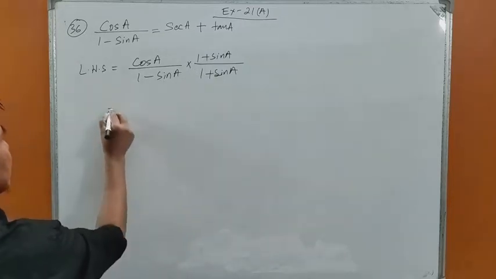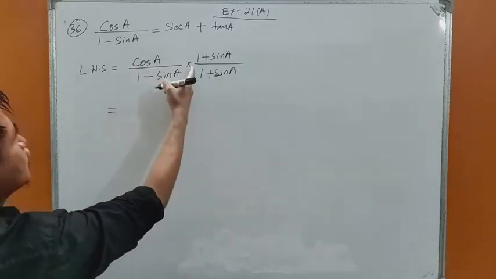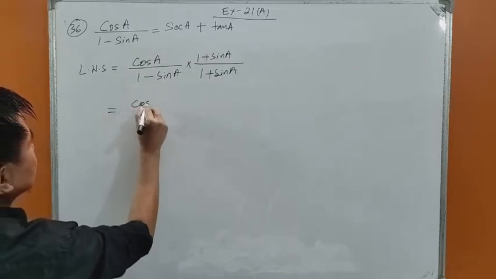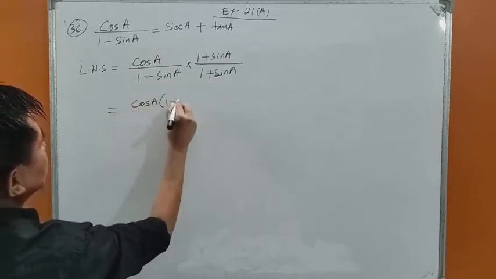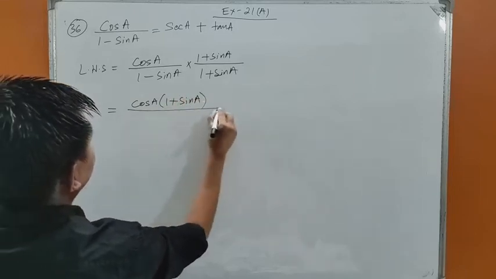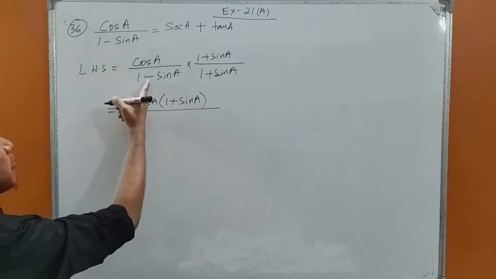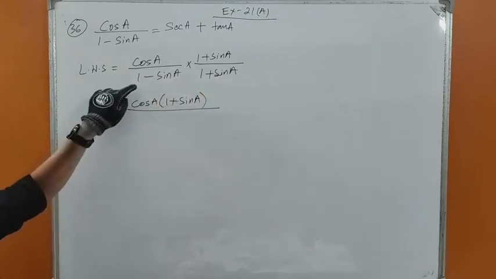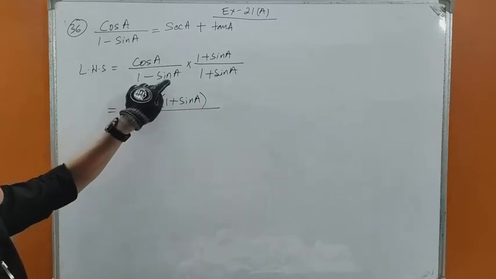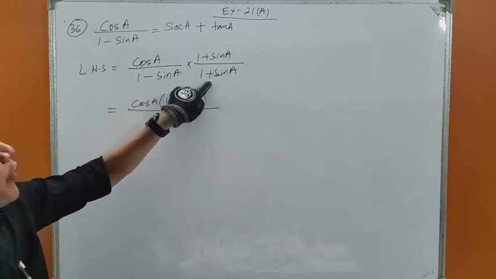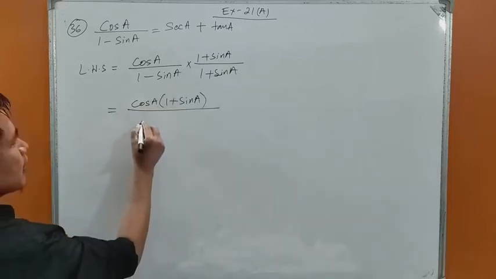Now in the numerator we have cos A into 1 plus sin A, and in the denominator we have A minus B into A plus B. Let's assume this 1 as A and sin A as B. So A minus B into A plus B gives us A square minus B square.